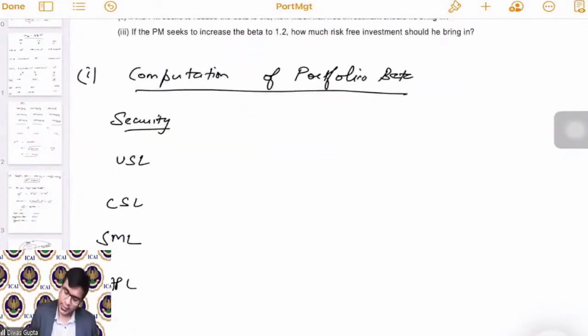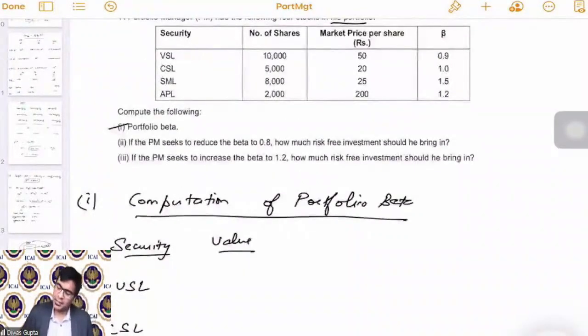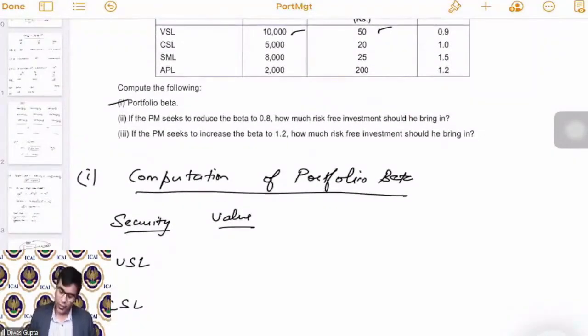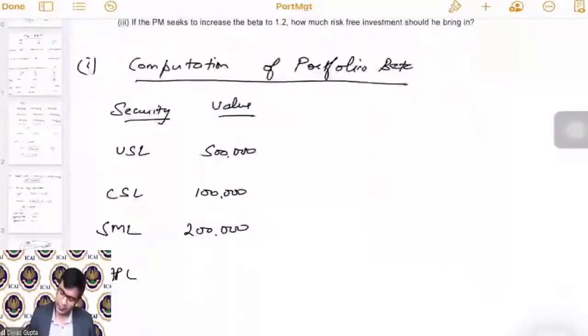These four securities are given. Now, the value of investment, which is the market price multiplied by the number of shares, is 5 lakh, 1 lakh, 2 lakhs, and 4 lakhs.